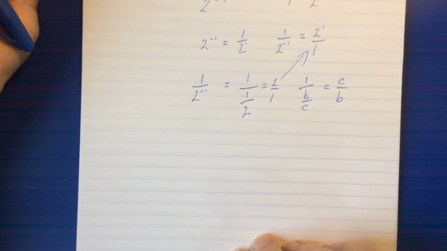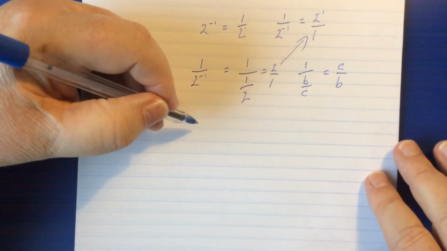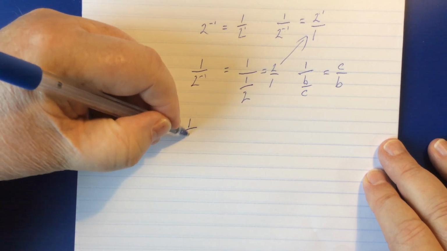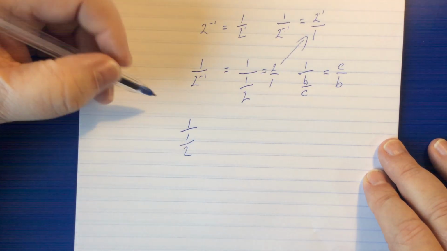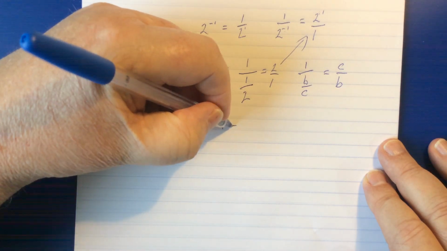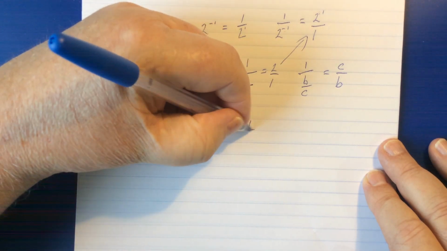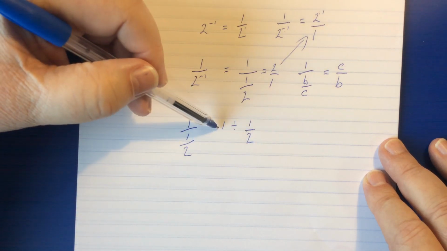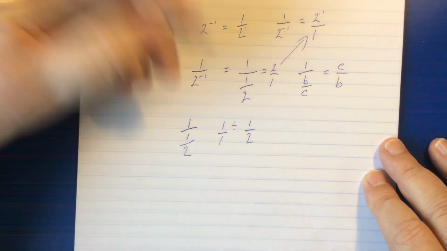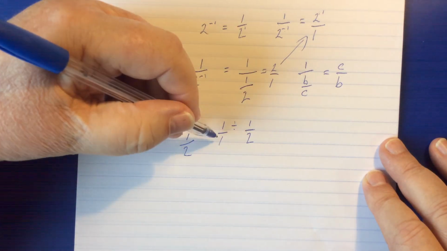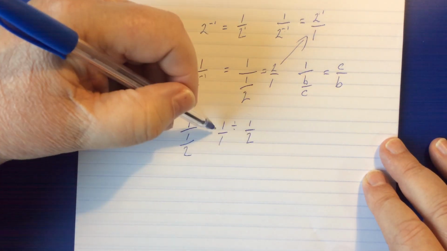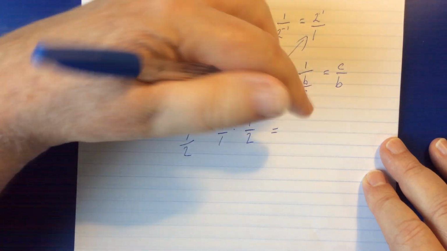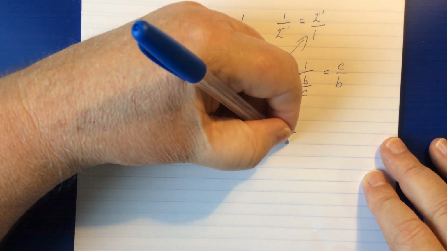So that's using this rule. Now, there's another way of looking at this. So we have 1 over 1 half. Now that is 1 divided by a half. Now think about the rules for division of fractions. Write this as a fraction if you want to. It makes no difference. If we do write this as a fraction like this, the rules regarding the division of fractions mean that we do this.